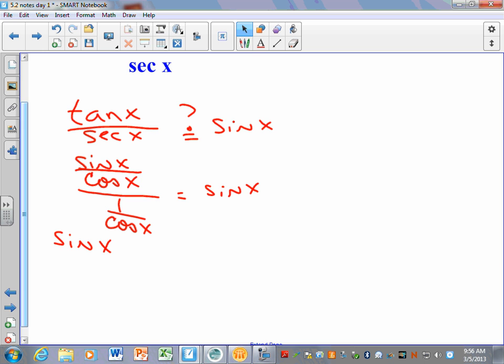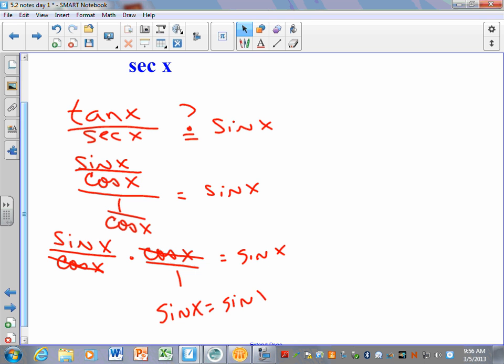So sine over cosine times the reciprocal, which would be cosine of x over 1. So then those cosines cancel out. And again, I'm kind of just saying, does this equal sine of x as I go? And I think it does. Sine of x equals sine of x. So I would say yes to this problem, that it does work.